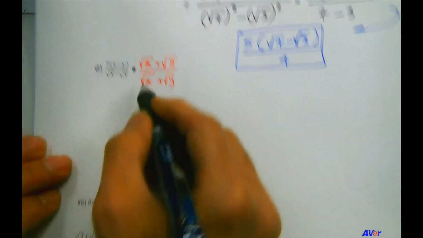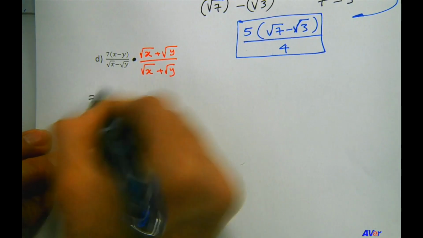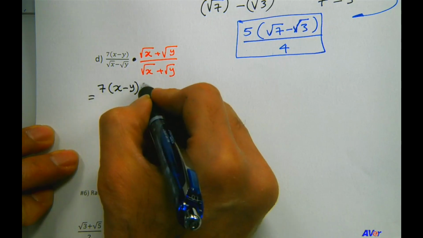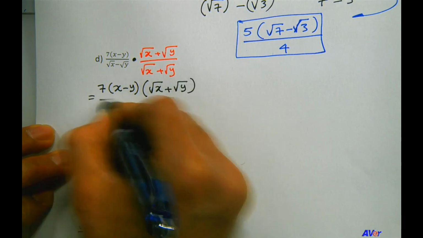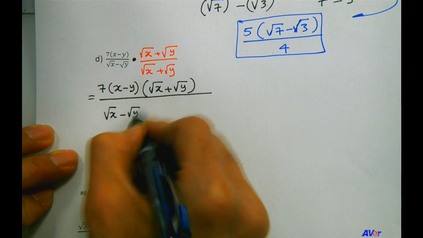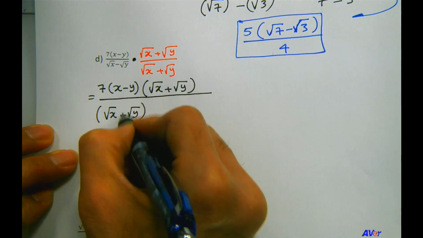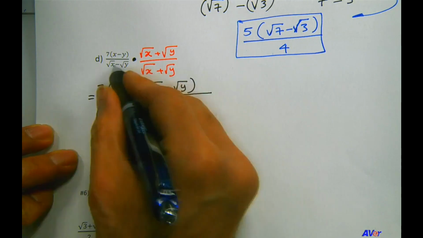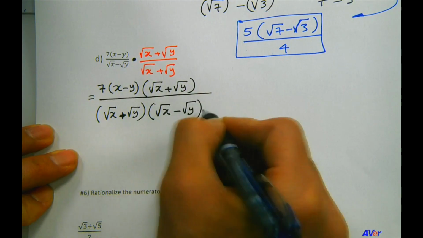Then let's multiply. So we have 7 times x minus y times square root of x plus square root of y, divided by square root of x minus square root of y. In order to be consistent with the formula, square root of x plus square root of y, that one multiplied by this one, square root of x minus square root of y, right?